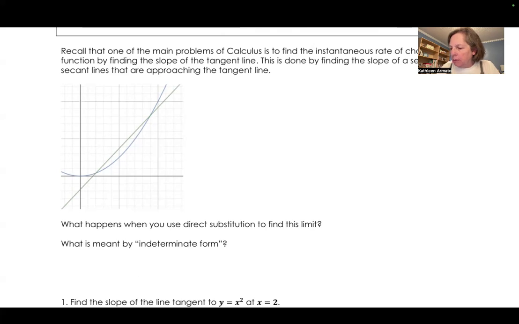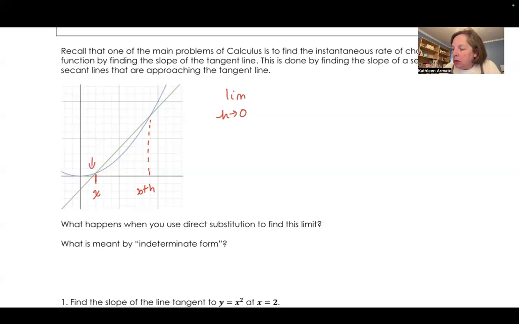So let's say that this is right here, x, and then we move over a little ways. We'll call it h units. And what we're going to want to do is let h approach 0. That'll move this point closer and closer to this point, and then the secant line would be approaching the tangent line.